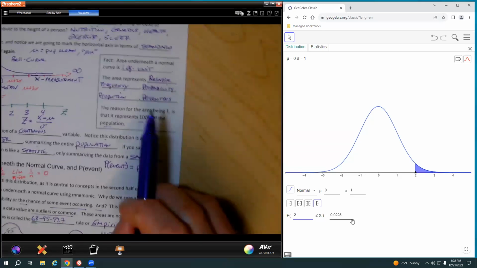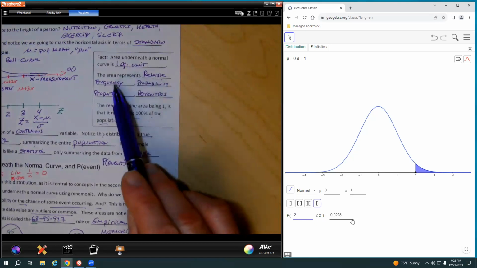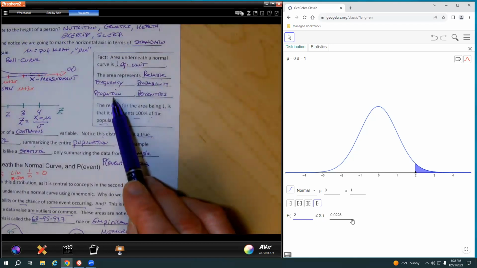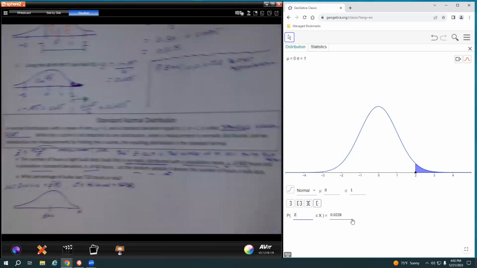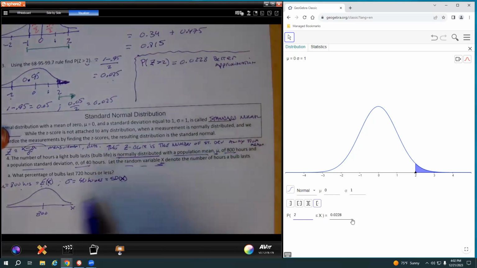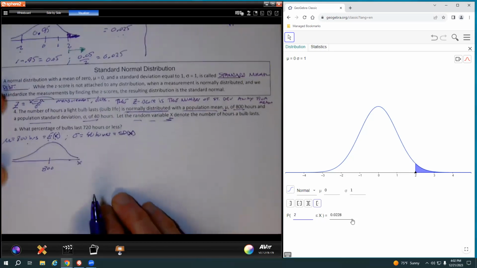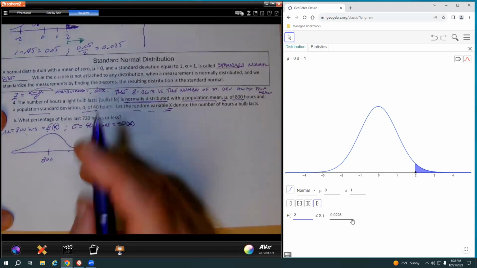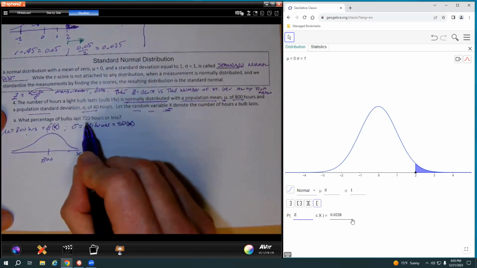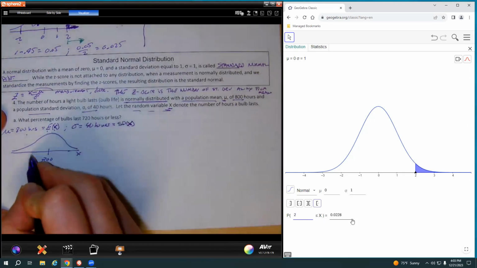Well, the area can represent a relative frequency, a probability, a proportion, a percentile, and that was just quoted to me as a percentage. So it could mean many ways of expressing this area. But I want it to last 720 hours or less.